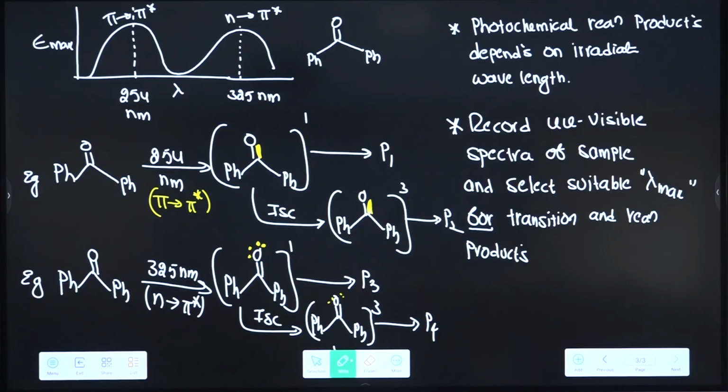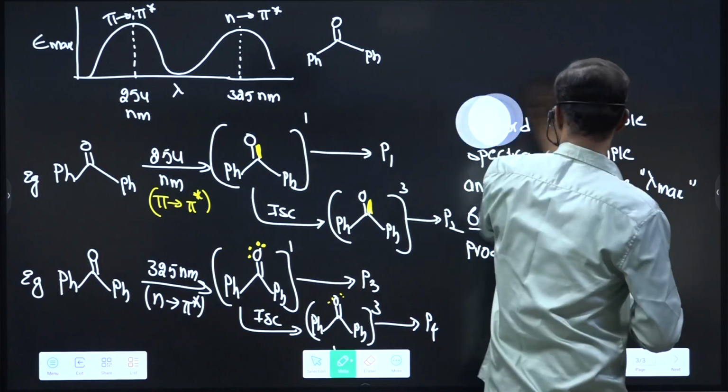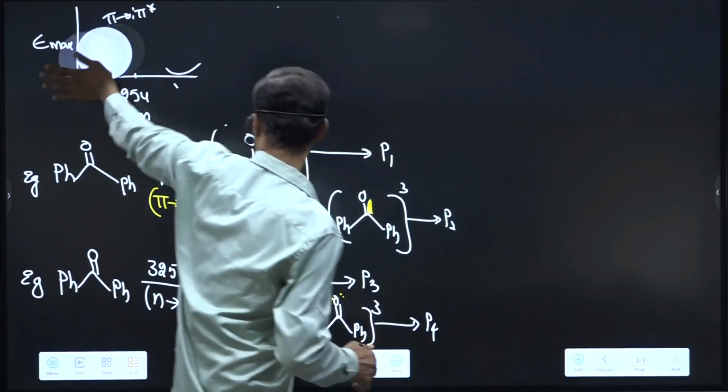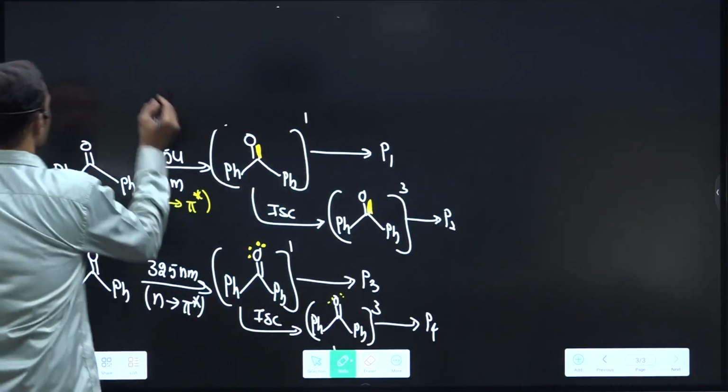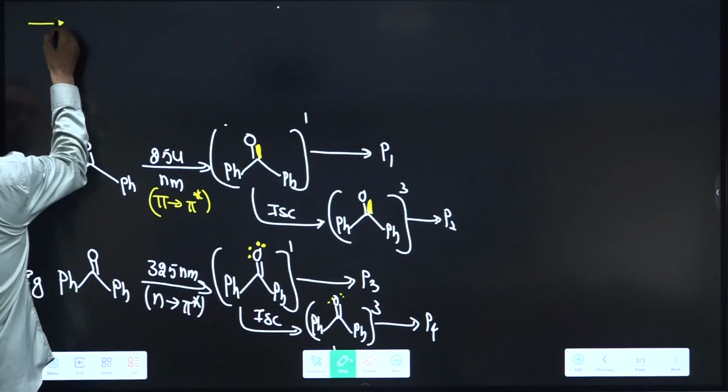Clear? So that is the end of properties of ground state and excited state.